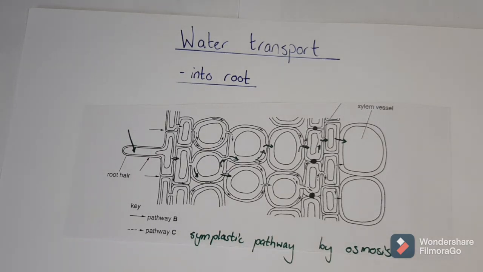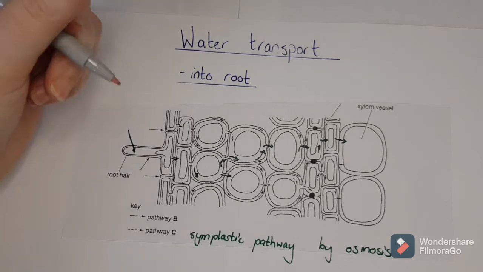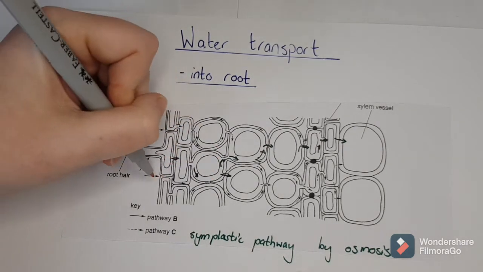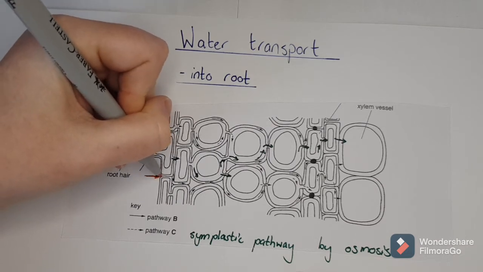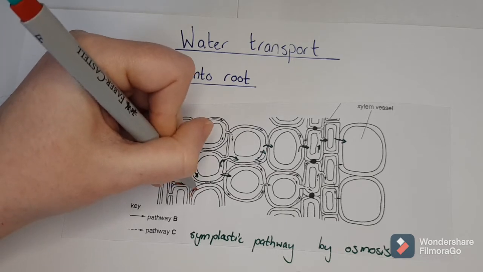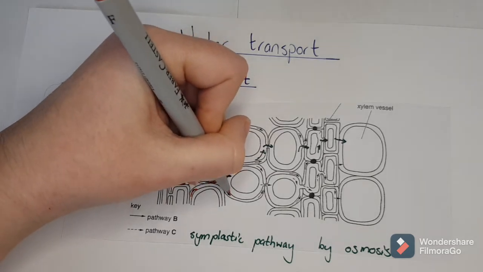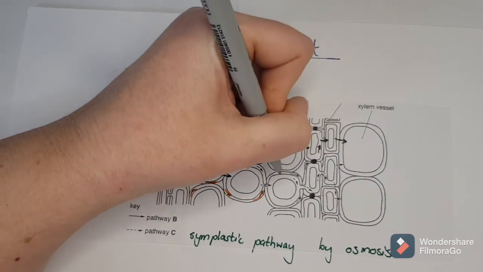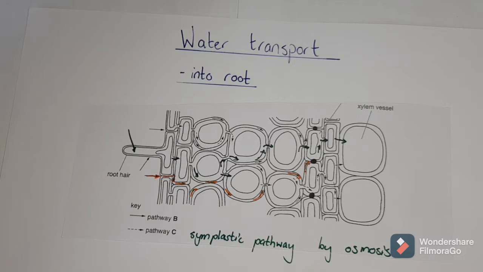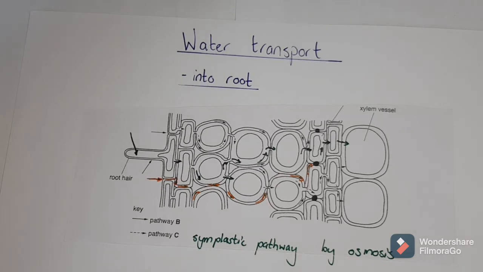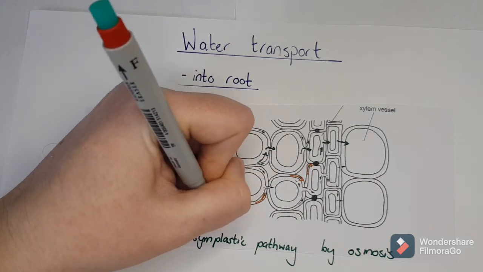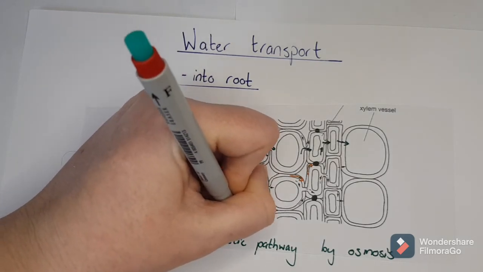And then the other pathway is, instead of going through each cell, which can take time, water can move just into the cell walls. And it can go along each cell wall, from cell wall to cell wall, all the way through. Moving from cell wall to cell wall is called the apoplastic pathway.